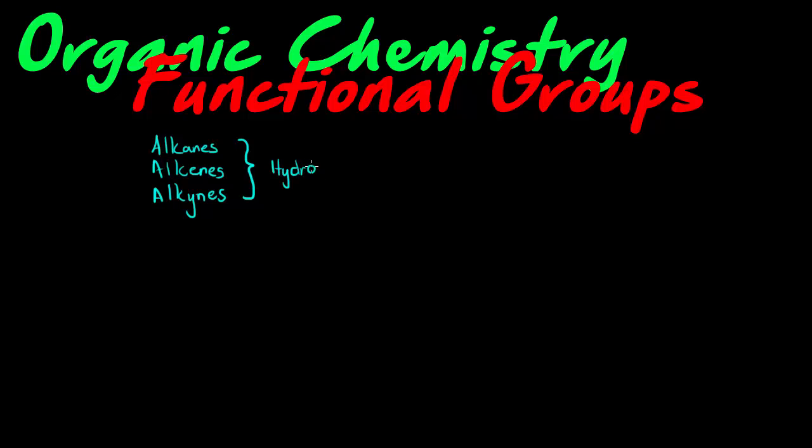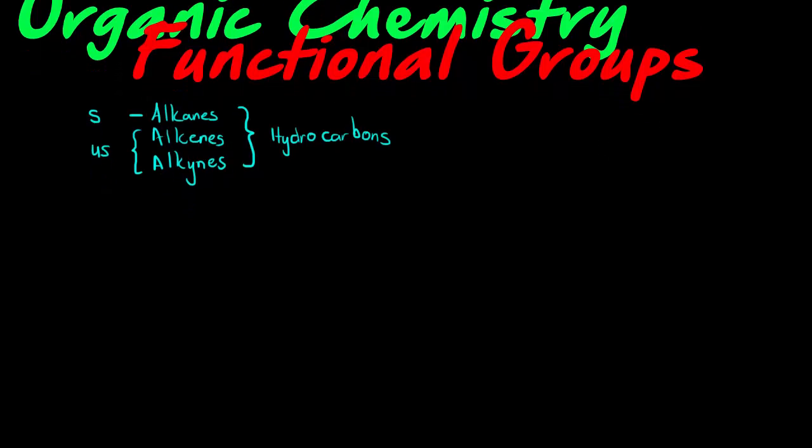Why? Because they simply consist of hydrogen and carbon bonds. Hopefully you remember that the alkanes were saturated and the alkenes and alkynes were unsaturated hydrocarbons. That's going to be the first group of functional groups we are looking at.